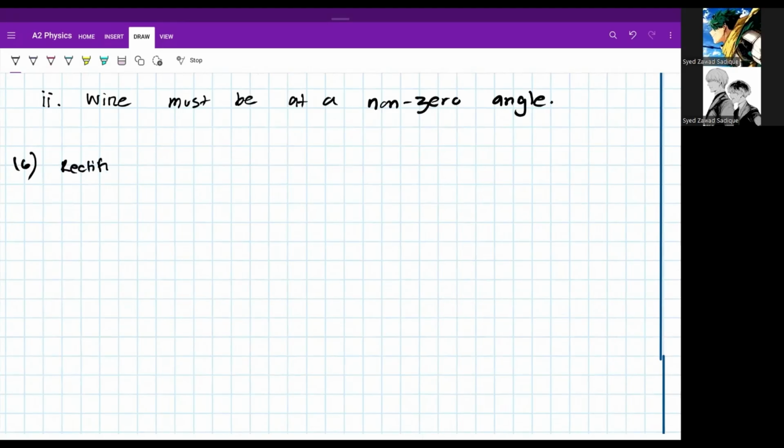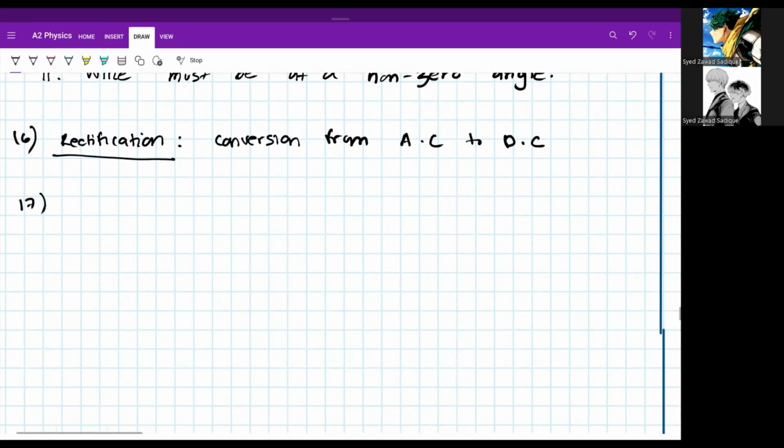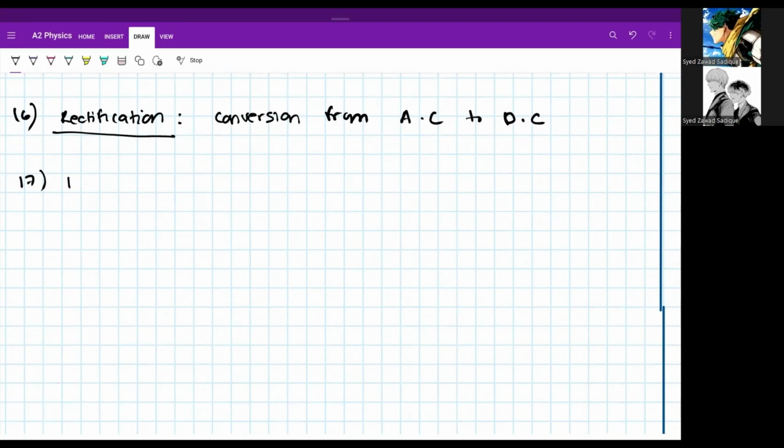16 is rectification. Rectification is conversion from AC to DC. Okay, 17. Half wave rectification.